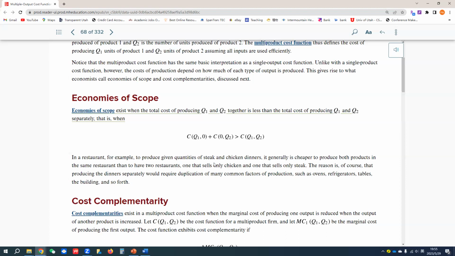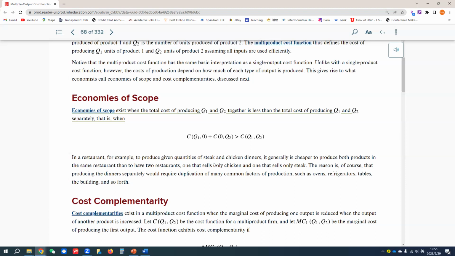Because of producing these two products together, they can share the utilization of many fundamental production facilities. Then it is less rational to have these two products produced separately.